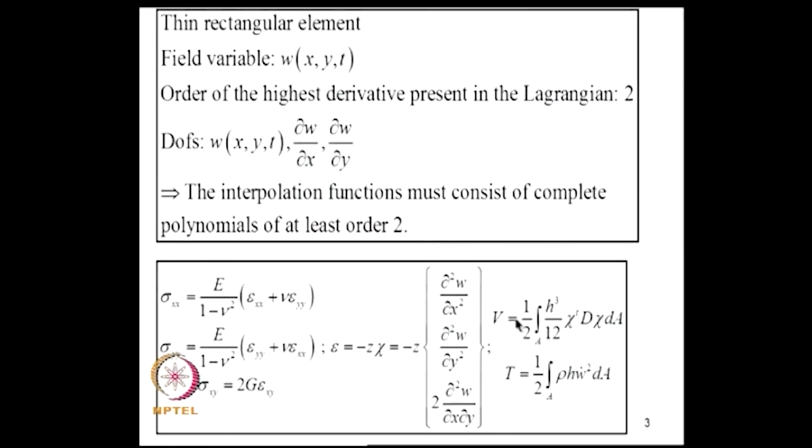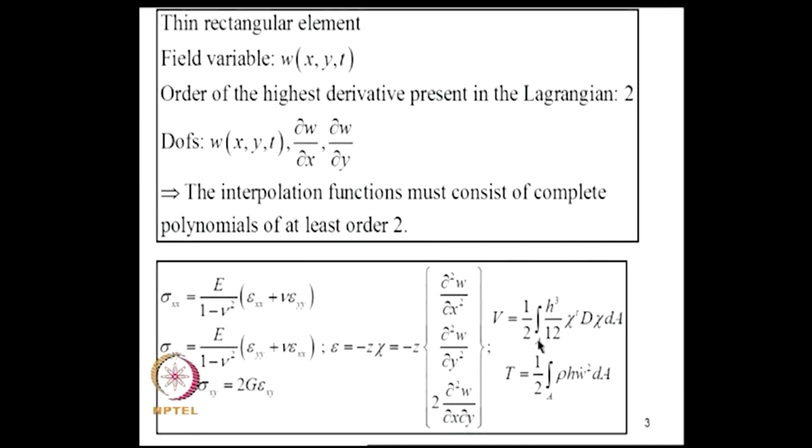We have considered two models. One model where we assume the plate to be thin, in which case the strain energy and kinetic energy expressions are of this form, where chi is the vector of curvatures: dou square w by dou x square, dou square w by dou y square and dou square w by dou x dou y.